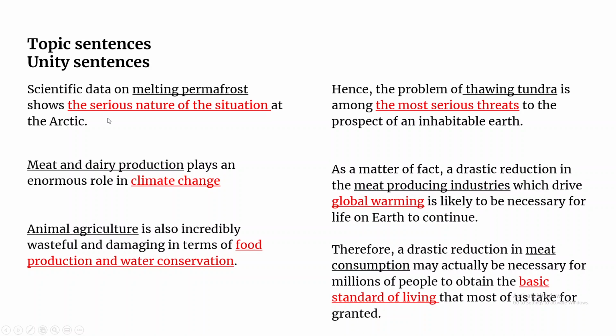The serious nature of the situation is similar to saying the most serious threats. And you can see that in the other paragraphs, the sections underlined in black and the sections underlined in red correspond to each other. They have the same or very similar meanings. So this is how you achieve unity in your paragraph.